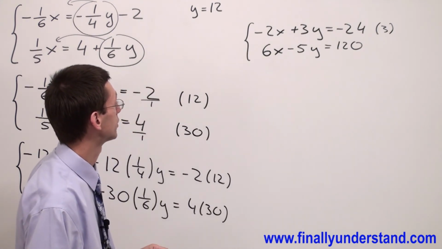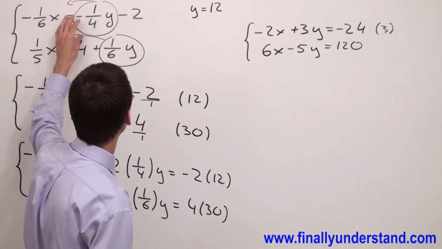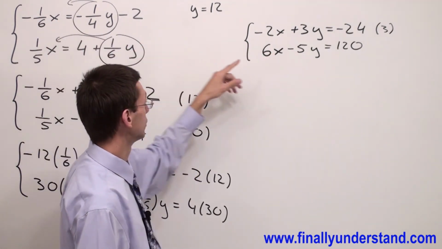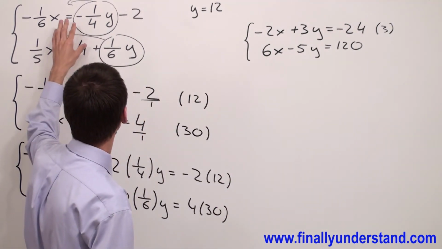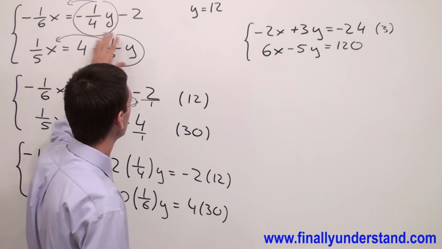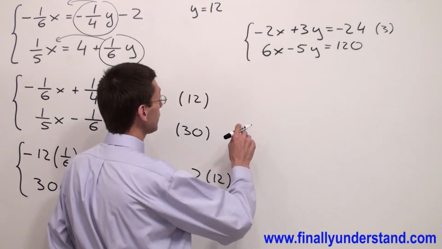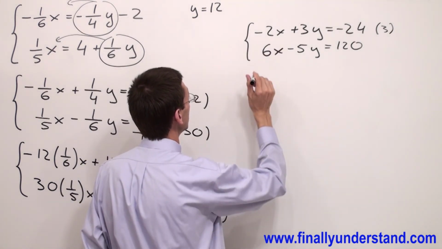I'm going to use the simplified equations. Don't forget that this equation is equivalent to this one, and the second equation is equivalent to this one. So it doesn't matter which one you use. Always choose the one which has the lowest numbers. So I'm going to choose the first one.